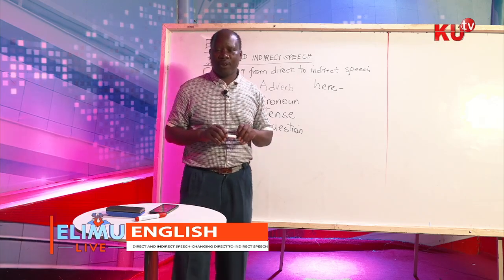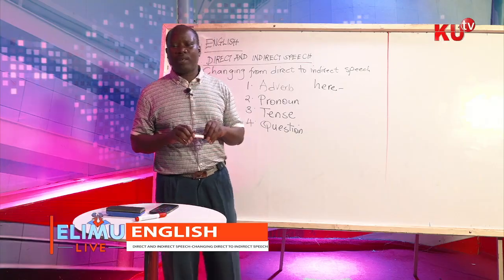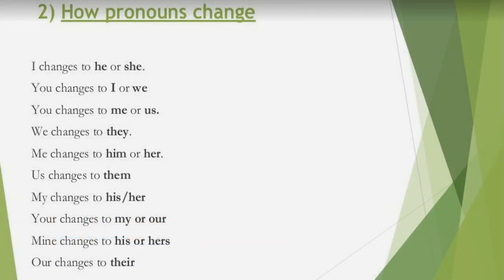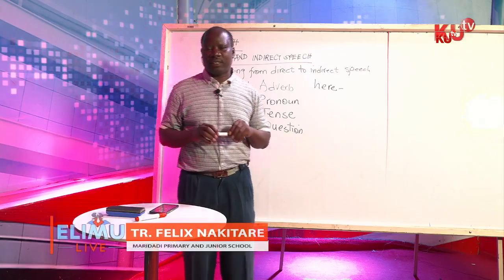That's the second pronoun. The third pronoun that changes, we have we. It changes and becomes they. For example, the teacher said, we will go for a visit.